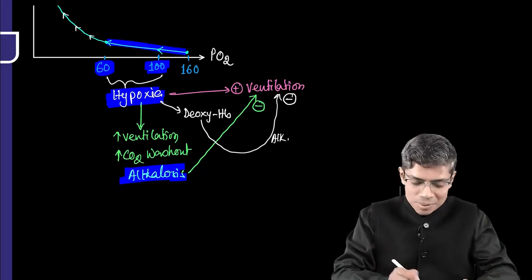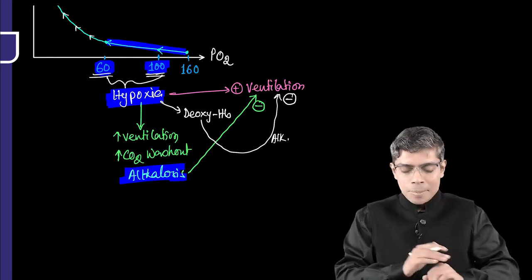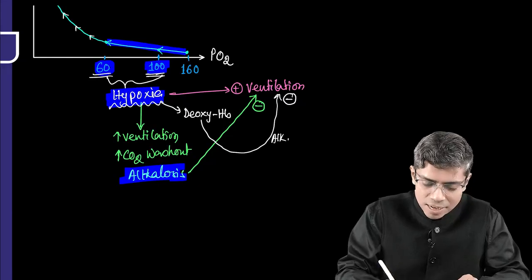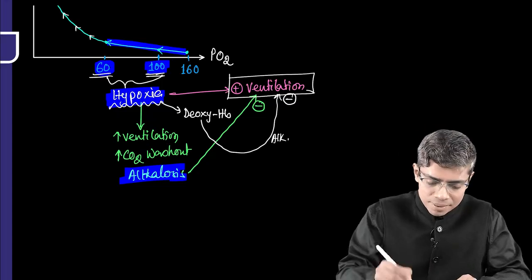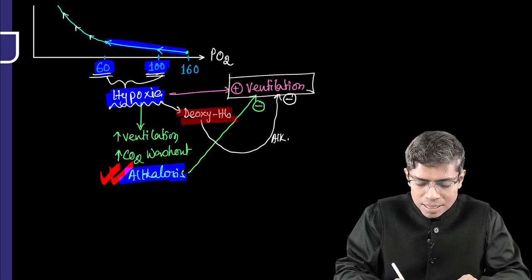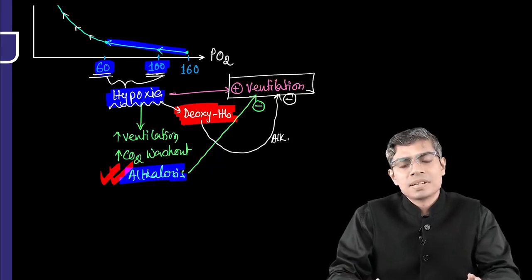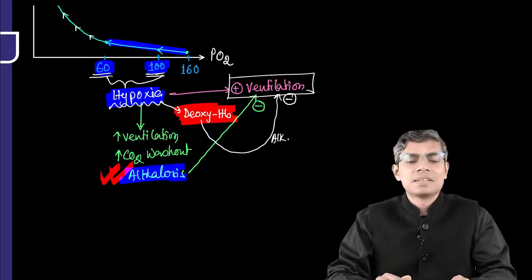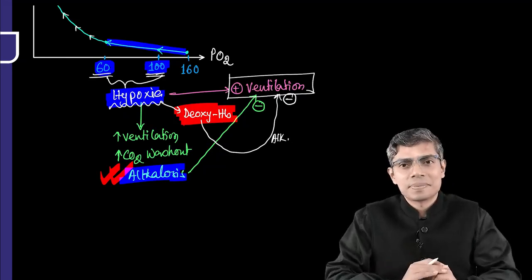So during this zone from 100 to 60, hypoxia is trying to stimulate ventilation proportionally, but alkalosis and deoxyhemoglobin are trying to inhibit the ventilation within this zone, and because of this inhibition, the ventilation is not rising along with hypoxia.